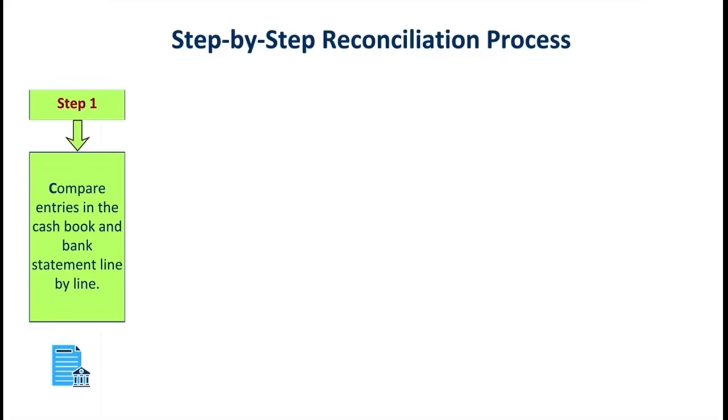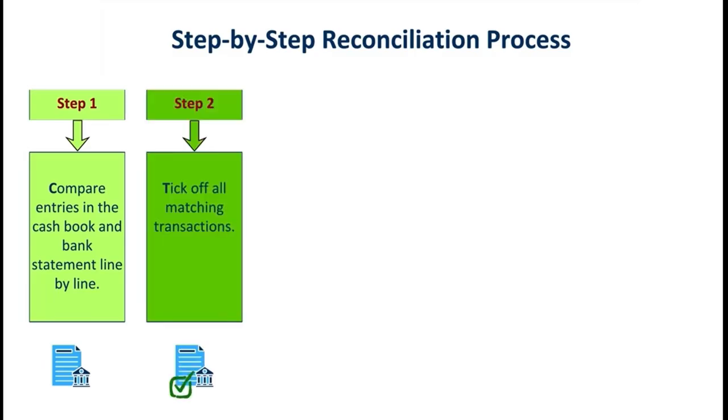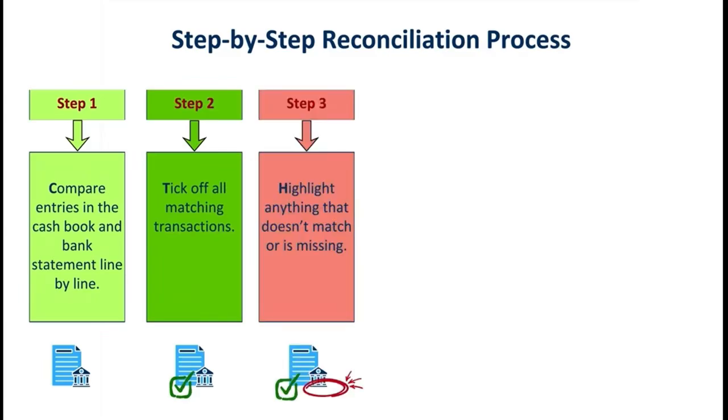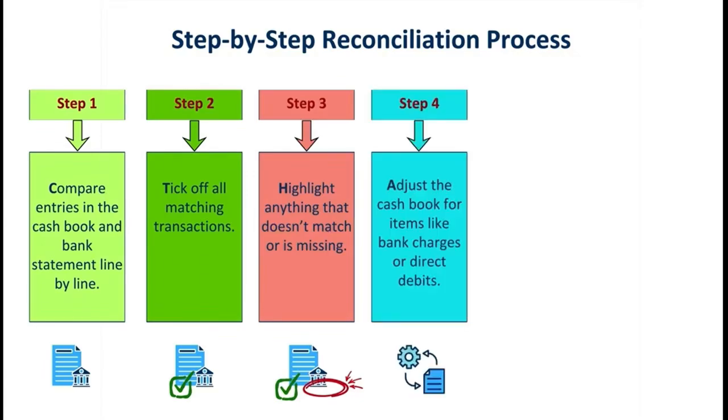Here's the step-by-step method you'll use when preparing a bank reconciliation. Step 1. Compare the entries in the cash book and the bank statement line by line. Step 2. Tick off all the matching transactions. Step 3. Highlight anything that doesn't match or is missing. Step 4.